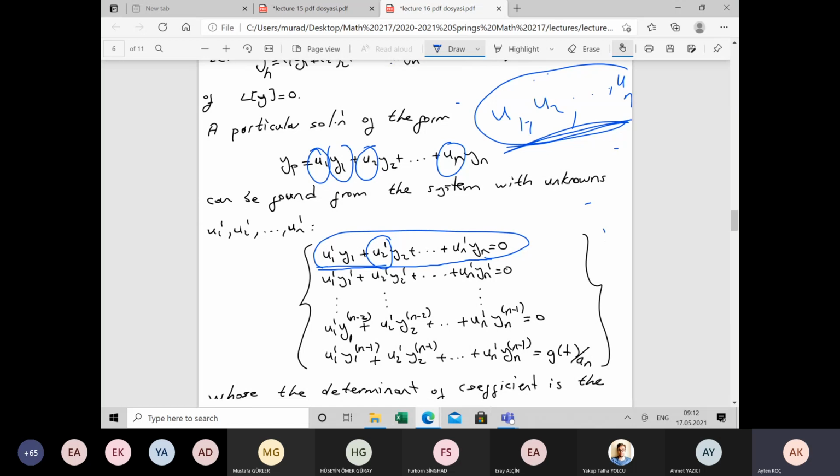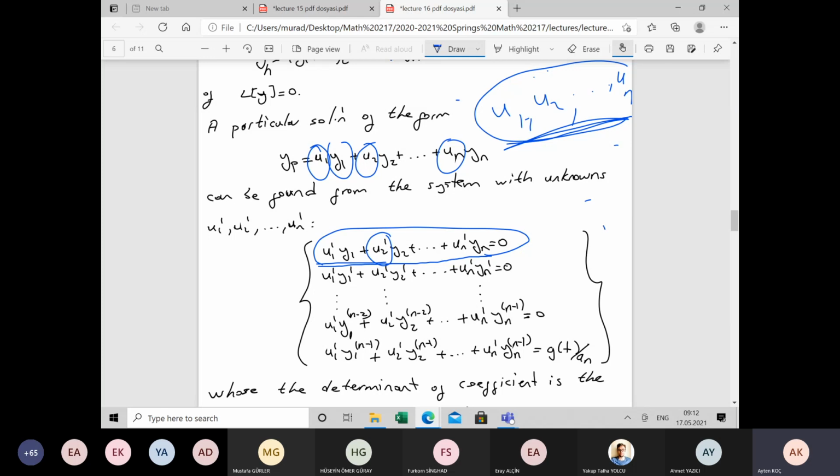So this is the first equation. For the second equation, the coefficients are the same, but take y sub 1 prime, y sub 2 prime, up to y sub n prime. The next row should be u1 prime y sub 1 double prime plus u2 prime y sub 2 double prime, and so on, up to un prime y sub n double prime, should be 0, and the previous one is gone.